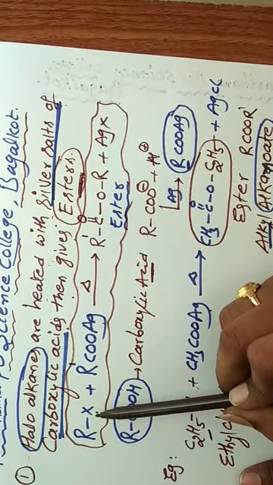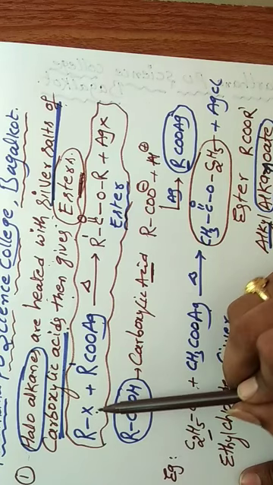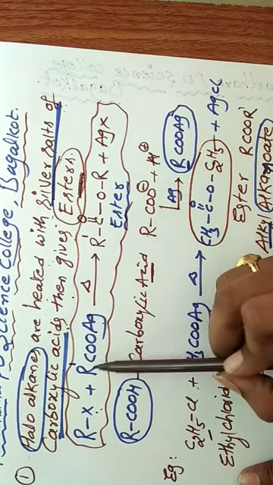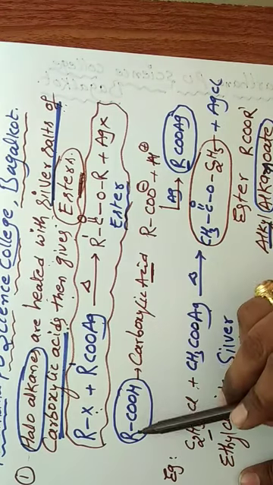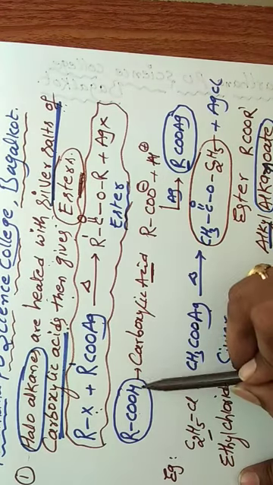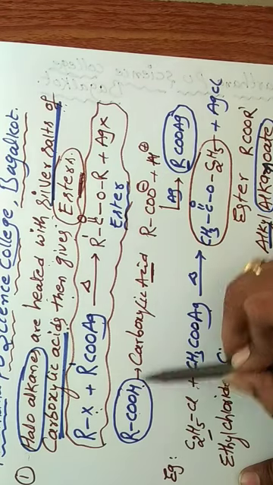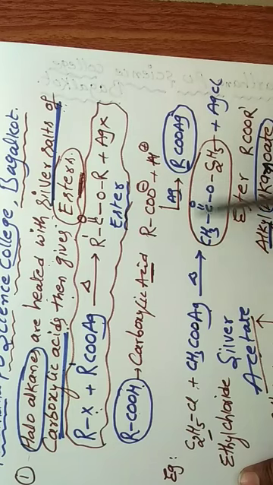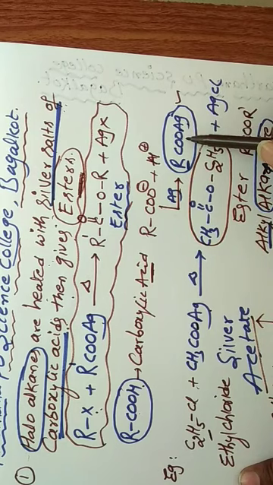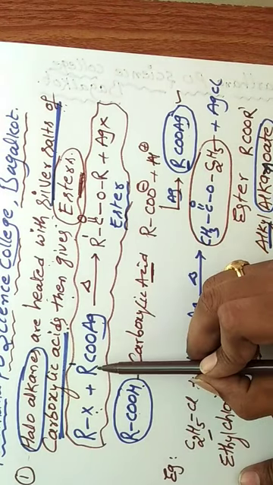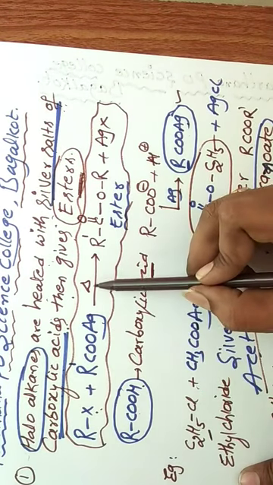In the general reaction, the alkyl halide general formula is R-X. For the silver salt of carboxylic acid, the carboxylic acid general formula is RCOOH. In the COOH group, H plus is replaced by silver, then we get RCOOAg. This is called the silver salt of carboxylic acid. Here it is taken as R dash COOAg, under heating condition.